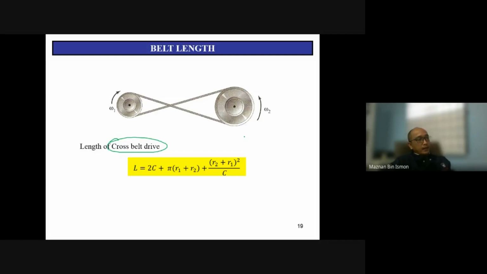For the open belt just now, this one is R2 minus R1 over C. But here, in the cross belt, it is R2 plus R1 over C. Okay? Because the belt is a bit longer. Then this is the belt length for the cross belt.